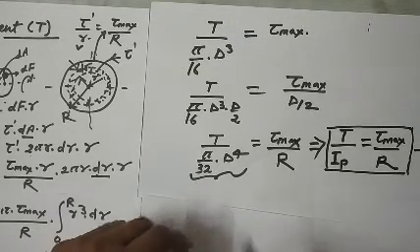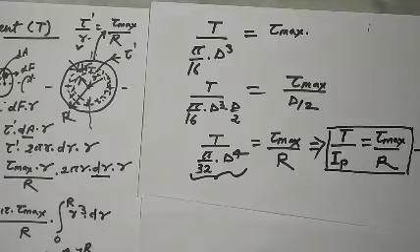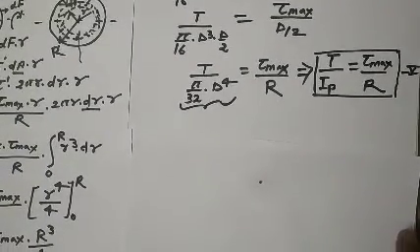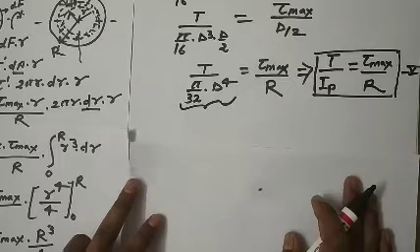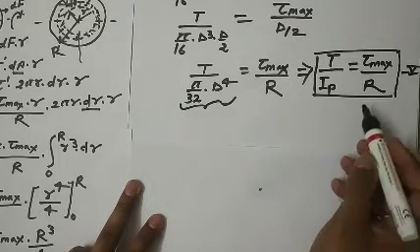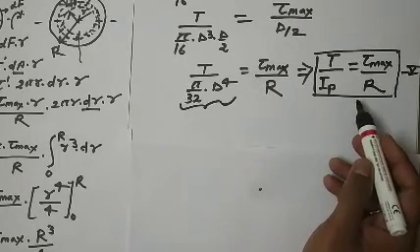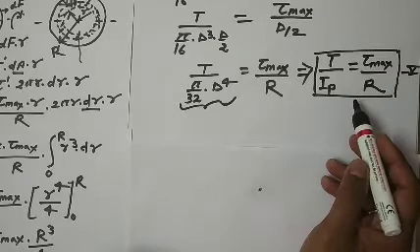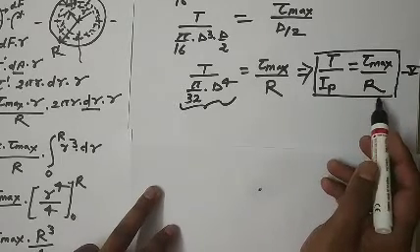Now, we have already made an expression that tau max by r is equal to G theta by L, as mentioned in the previous lecture.